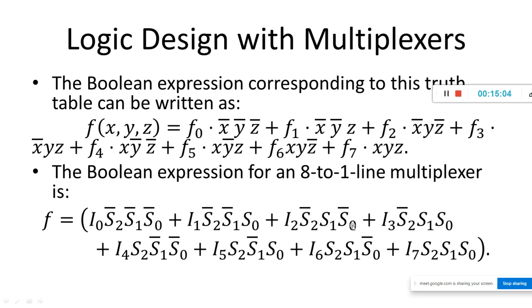If it is 0, 1, 0, I2 is selected. Similarly, up till I7, if all the select lines are 1, 1, 1, the I7 data line is selected. This is the Boolean expression for an 8:1 mux: 8 input lines, 1 output line, 3 select lines S2, S1, S0.